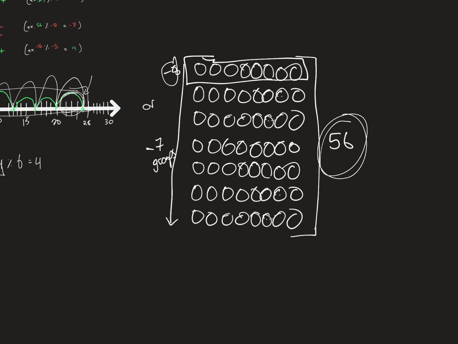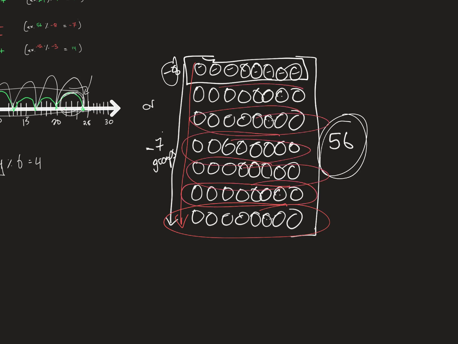So in this case, I have negative 8 within each group, and then I have 7 groups here. So this is a group of negative 8, this is a group of negative 8, negative 8, negative 8, negative 8, negative 8, negative 8.